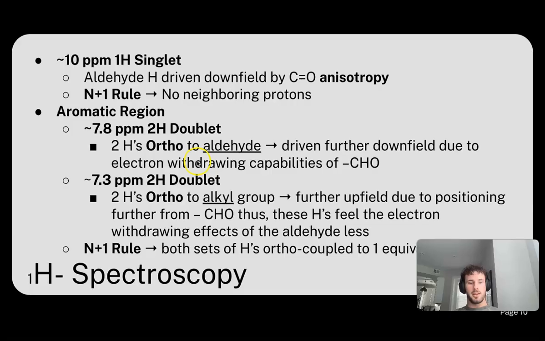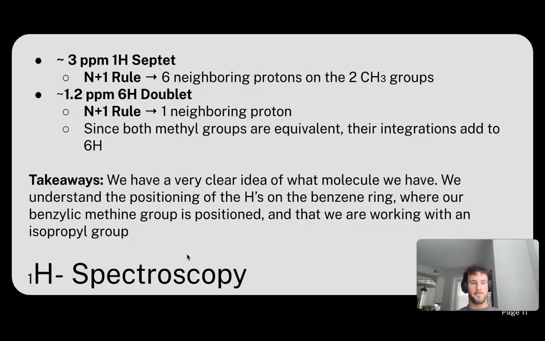So the 2 H's ortho to the aldehyde are driven further downfield due to the electron withdrawing capabilities of the aldehyde, and the other 2 are ortho to the alkyl group, further upfield due to positioning further from the aldehyde. Thus, these hydrogens feel less of the electron withdrawing effects of the aldehyde. Looking at the N+1 rule, both sets of hydrogens are ortho-coupled to 1 equivalent neighbor, because these are both doublets. So N+1 equals 2, so N equals 1, so they have 1 equivalent hydrogen neighbor.